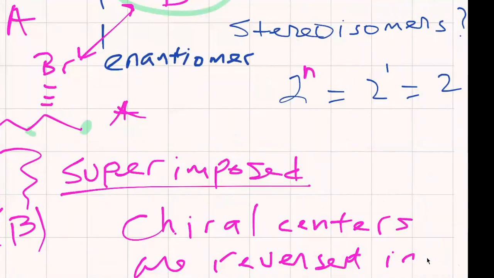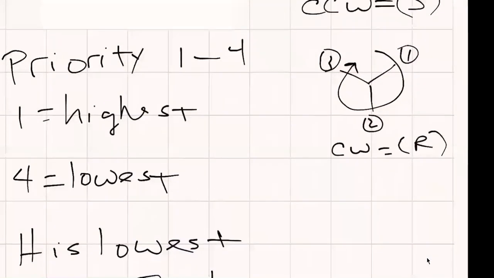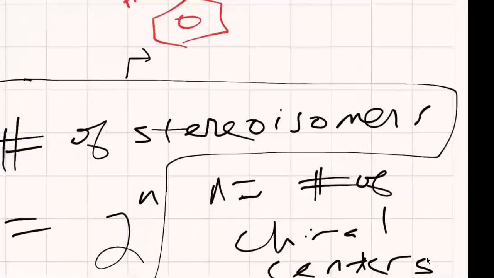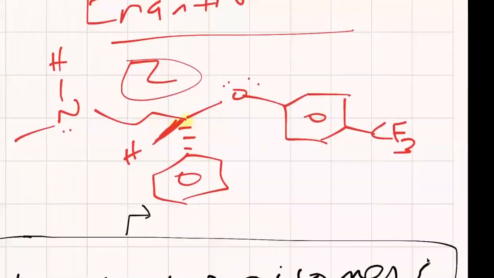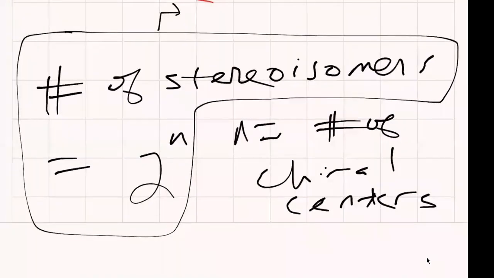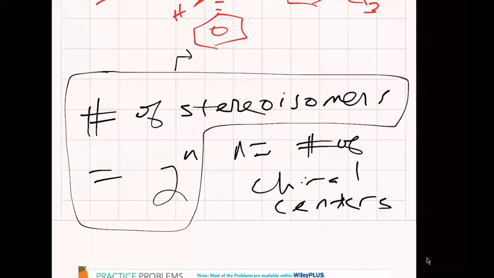Yeah, that's how you determine the number of stereoisomers for a given compound. n is the number of stereocenters. If you look at the notes from Wednesday, it's on the second page. Oh, okay. Thank you.